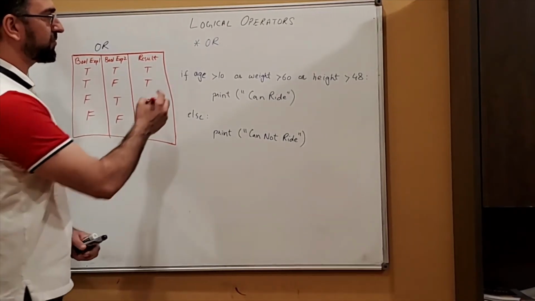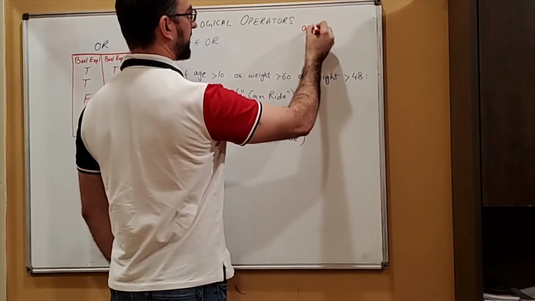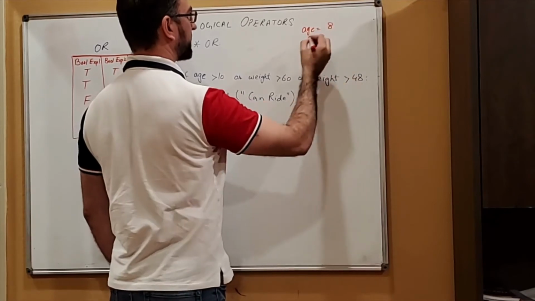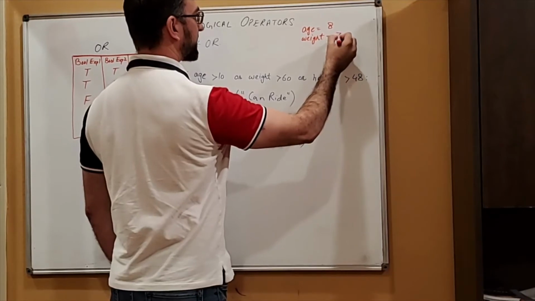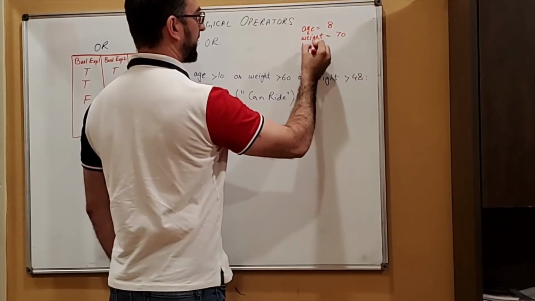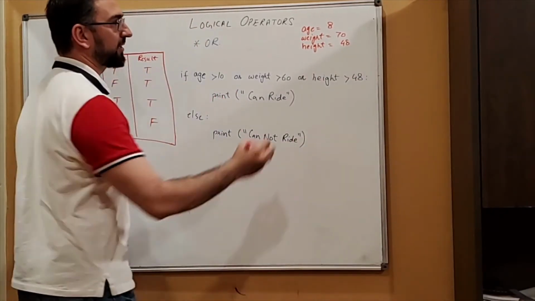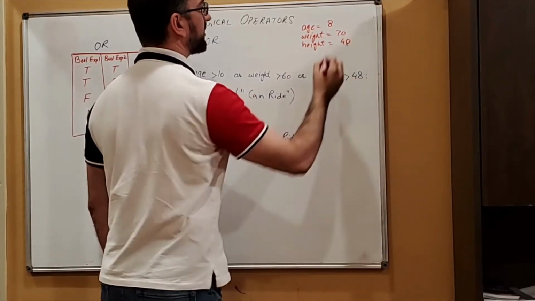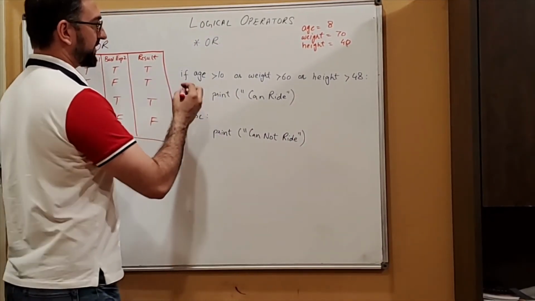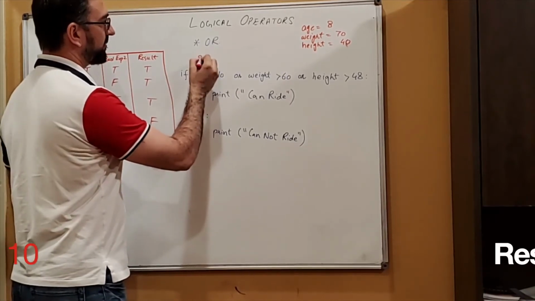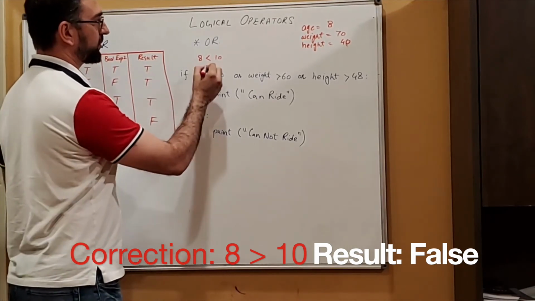And now let's come back to our example here. Let's suppose age is 8 and weight of the rider is 70 and the height of the rider is 48, or let's just make it simple and say 40. All right, so how is it going to evaluate this expression? In this case, age 8 is less than 10. That turns out to be true.